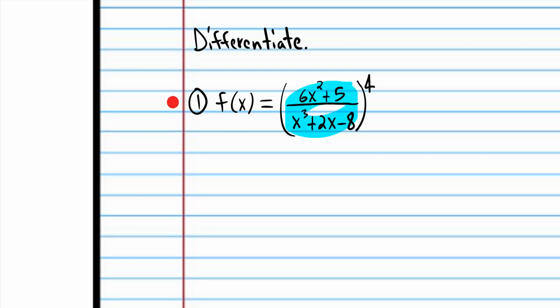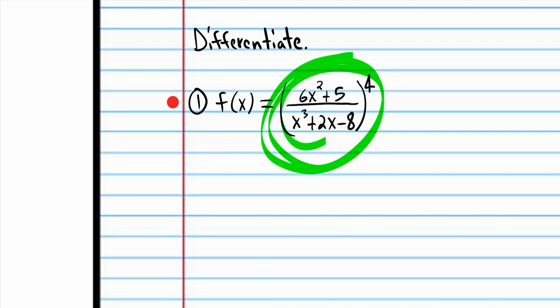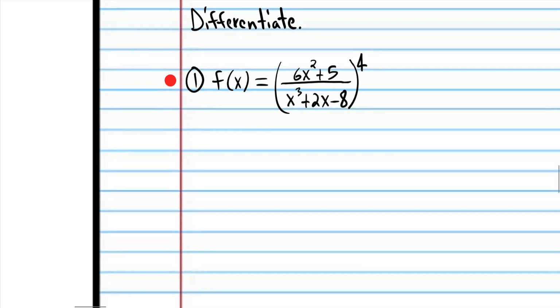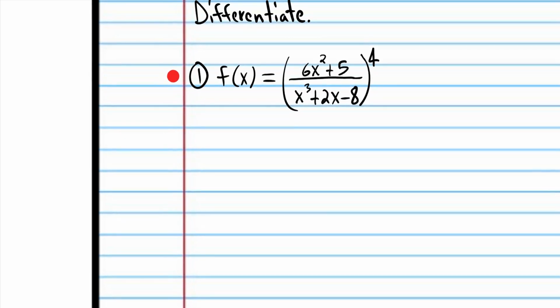So we have a function within a function. And this is a different type of problem that we haven't really seen. We're going to use the same differentiation formulas, but every problem that we do has a slight difference. So we're not just doing the same problems over and over again. Because we have a function within a function, we're going to use the chain rule.